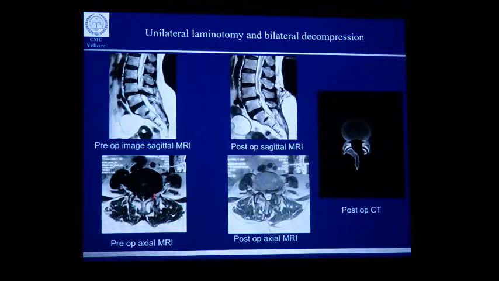This is a preoperative MRI of a patient who had a thickened ligamentum flavum, and this is a post-op axial MRI that shows adequate decompression with a wide canal and root seen. And this is a post-op CT scan which shows the amount of bone that has been removed to reach the opposite side. You can see that the facet joints are left intact, and the midline spinous process is left intact.